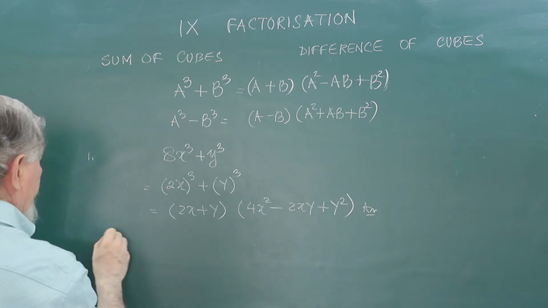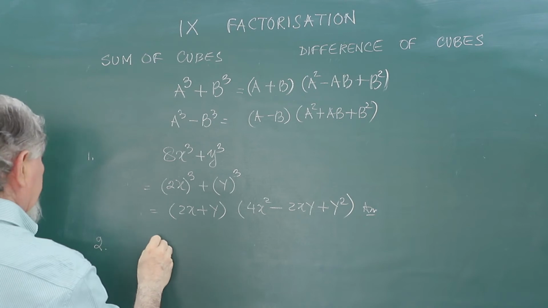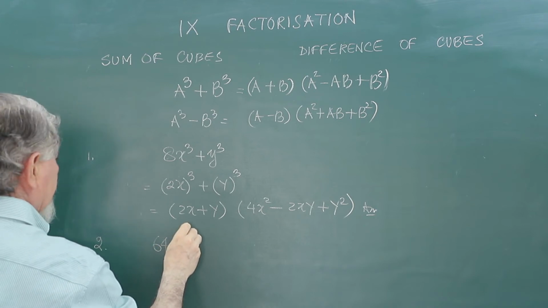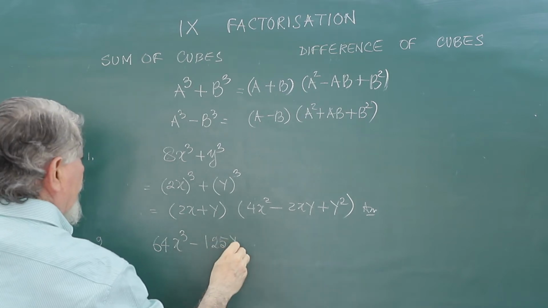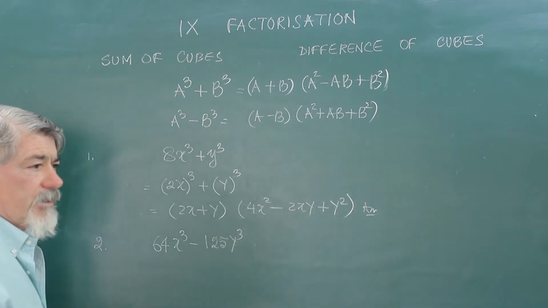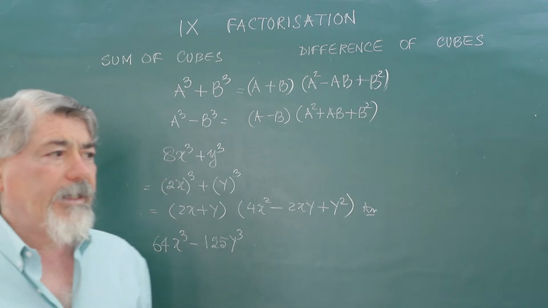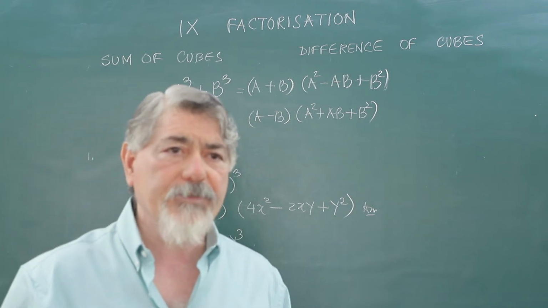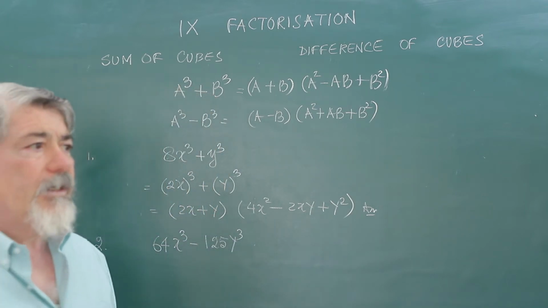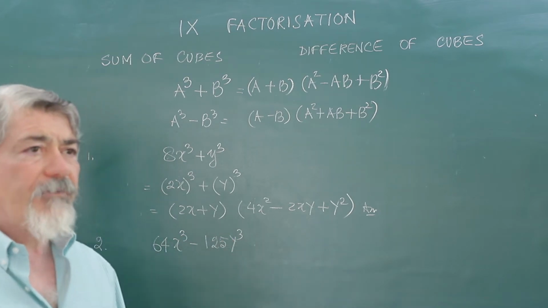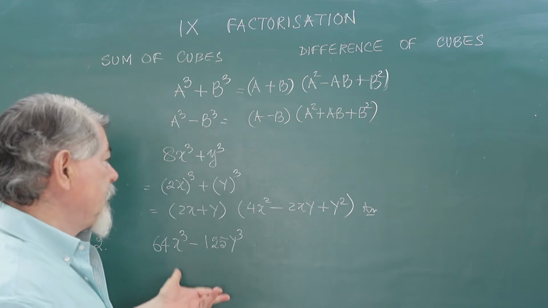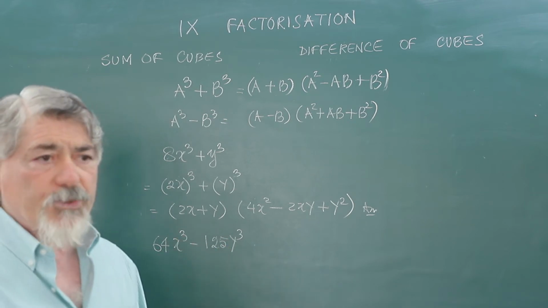Let us see the second one. 64x cube minus 125y cube. Again you start processing from the word go: is there anything common, is it a difference of squares, is it a trinomial? But since cubes are coming, you should be able to distinguish quickly that it has something to do with cubes.